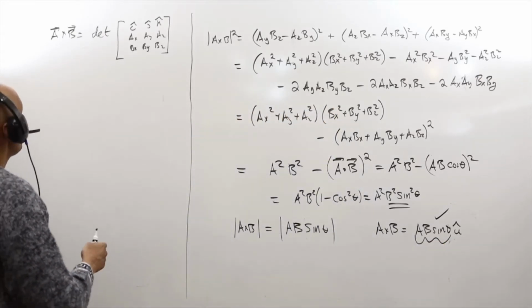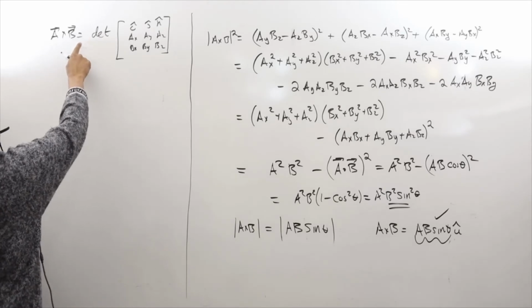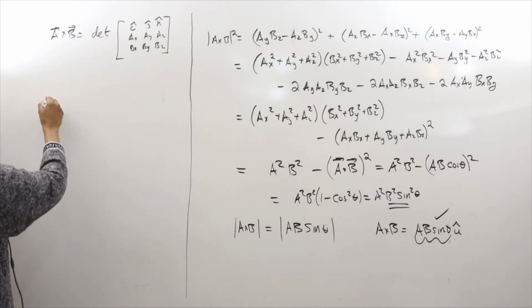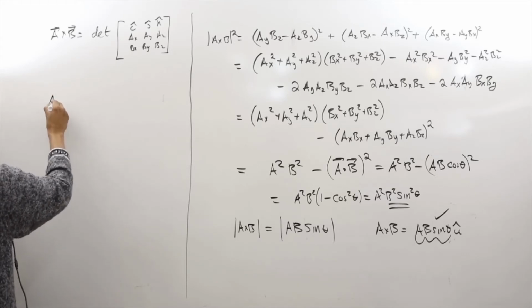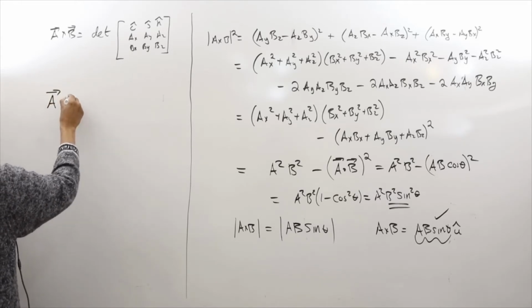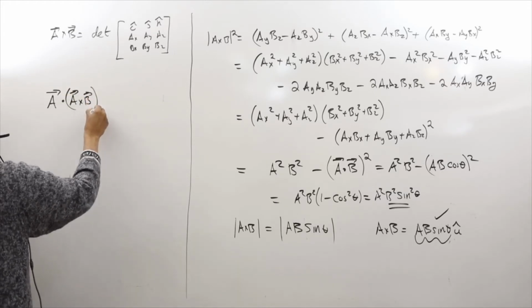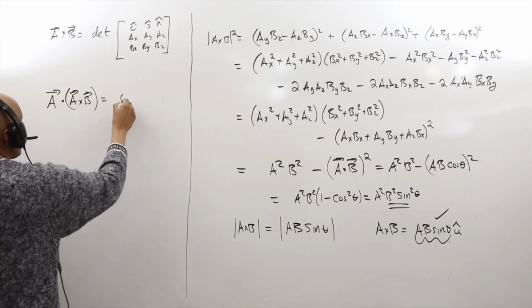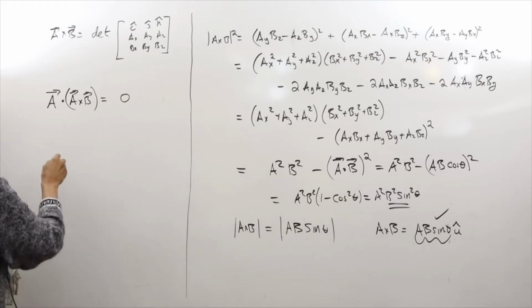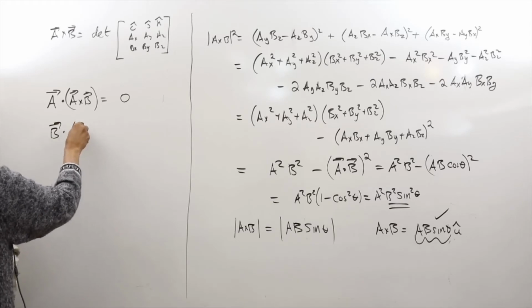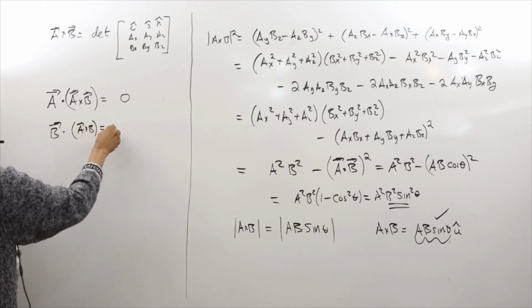Or more simply put, I have to show that a cross b is perpendicular to a. So I have to show that a dot a cross b is equal to 0, and that b dot a cross b is equal to 0.